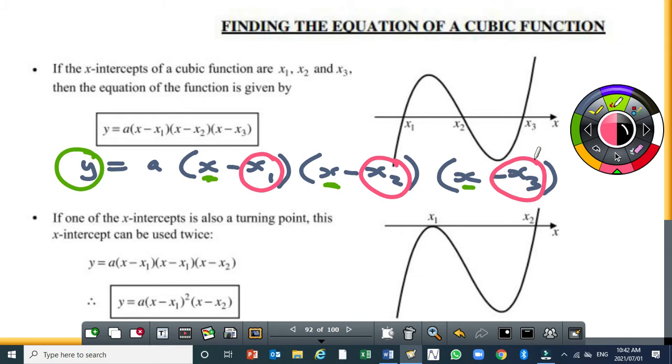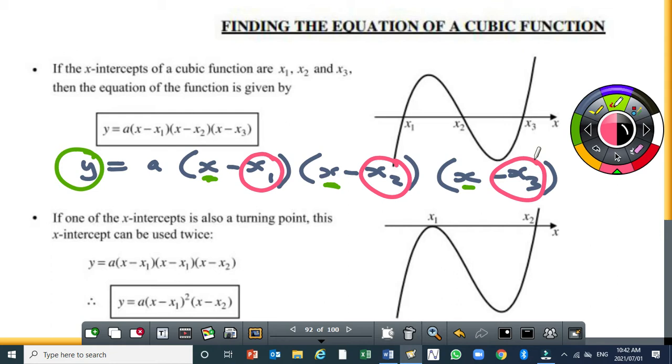Okay? In most cases, there will be a maximum of 3. Sometimes you can have 2 of them whereby x1 and x2 are equal. We have already dealt with a case like that. If the turning point is on the x-axis, it means x1 and x2 are equal. Sometimes you can also have x1, x2, and x3 being equal, which is the third case on the graph.